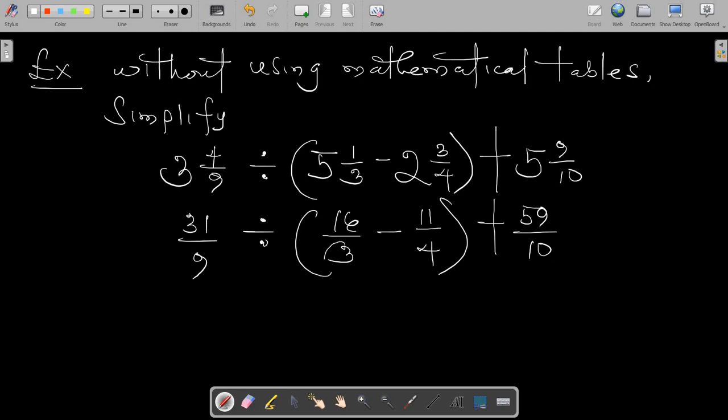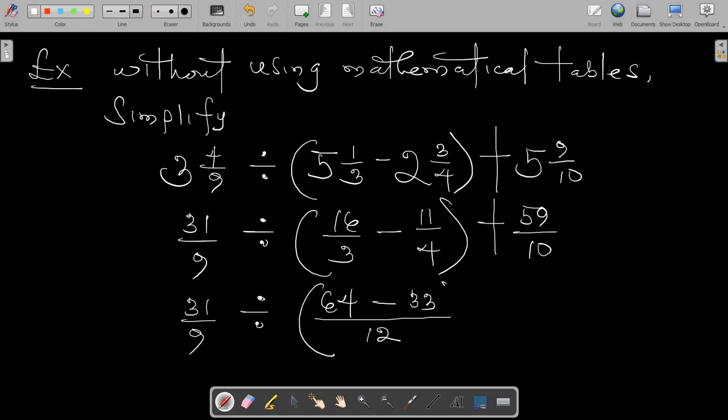So what we need to do here is to get the LCM of 3 and 4. We have 31/9 divided by. The LCM here is definitely 12, so I'm going to write 12 down. 12 goes in 3, we have 4. 4 times 16 is 64. Minus, 12 goes in 4, we have 3. 3 times 11 is 33.